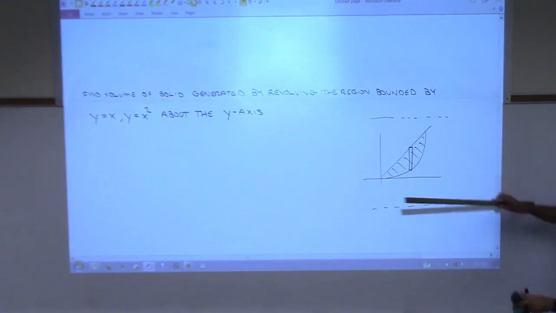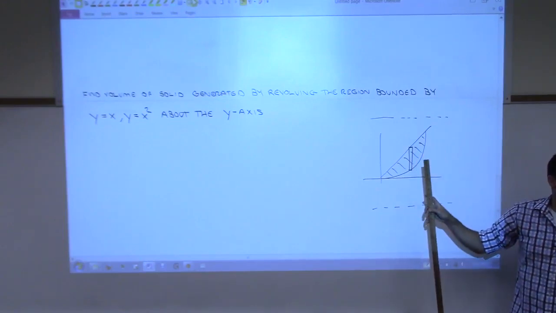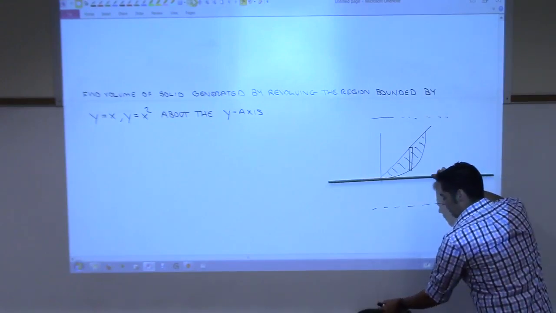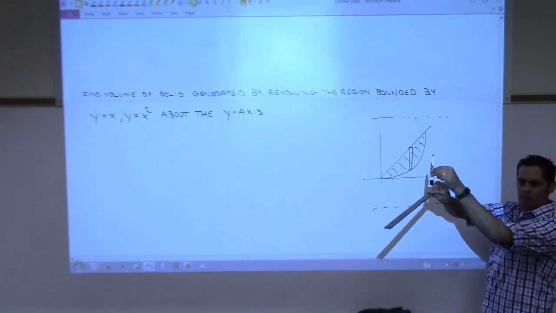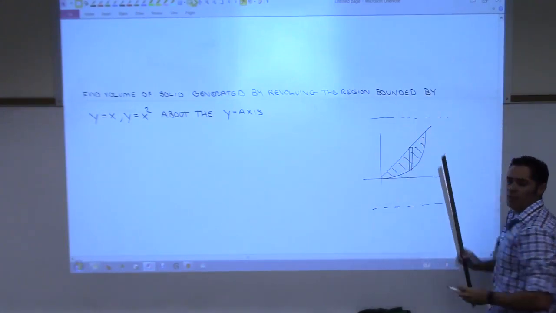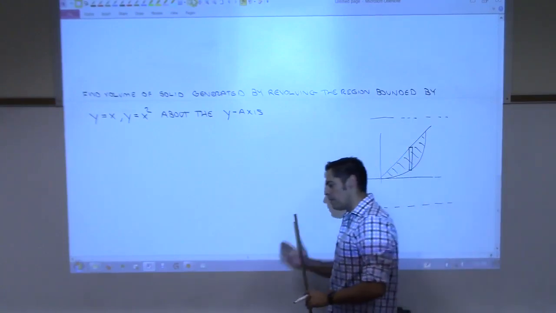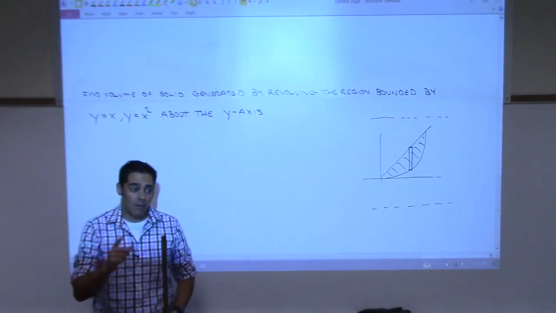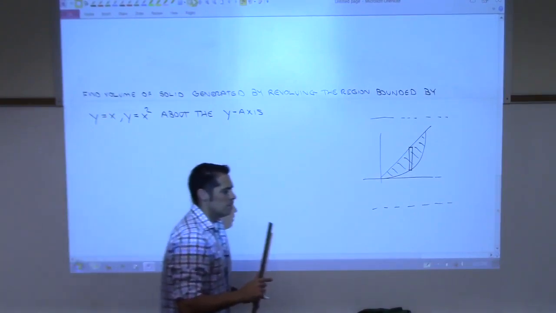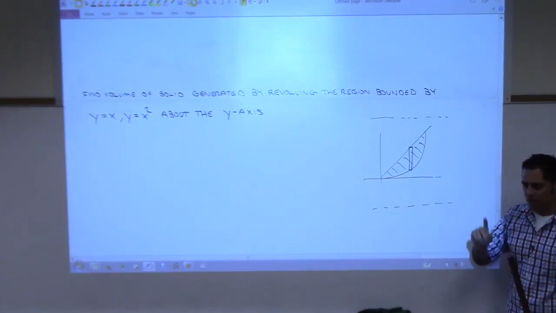Notice that in all 3 scenarios, the rectangle was perpendicular to the axis of rotation. Okay? So this and this, these were perpendicular to each other. Right angle, perpendicular, perpendicular, perpendicular. When we do washers, that's what we need. We need our rectangle to be perpendicular to our axis of rotation. There's going to be another method I'm going to show you today where it'll be the opposite. The rectangle and the axis of rotation are going to be parallel. But we're not there yet. I just want to point this out now.